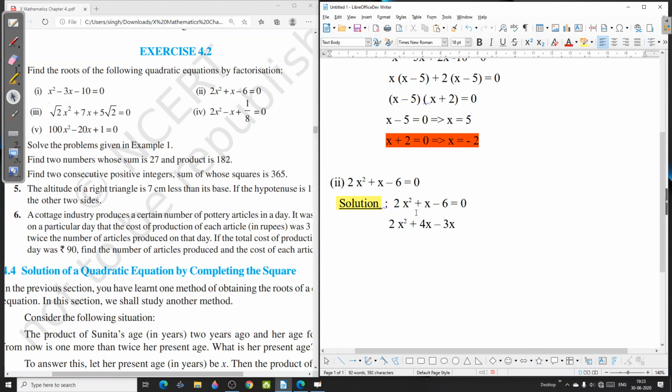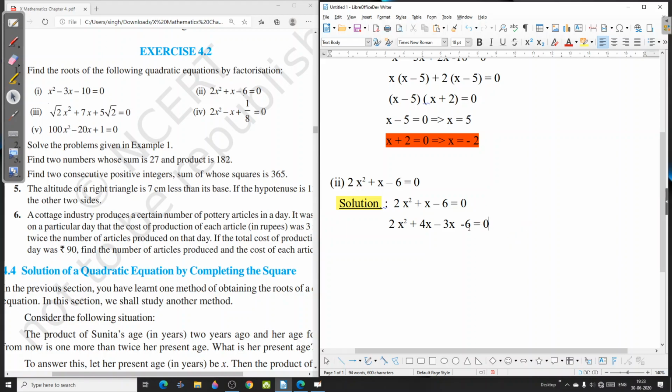Why? Because on multiplying 4 and minus 3 we get minus 12, and also on adding them we get 1. So the last term is minus 6, equal to 0.